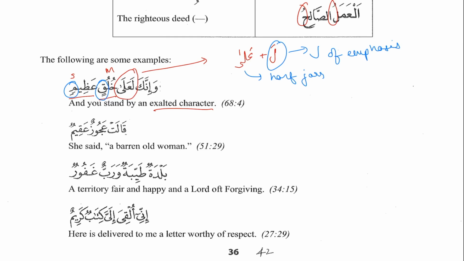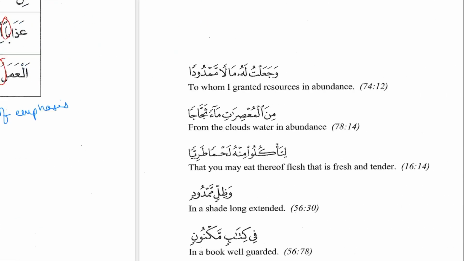So where is the sifat mausuf combination? It is here. What kind of kitab? Kareem. So it's a Kareem kitab, a respectable letter. So this is the sifat mausuf combination.